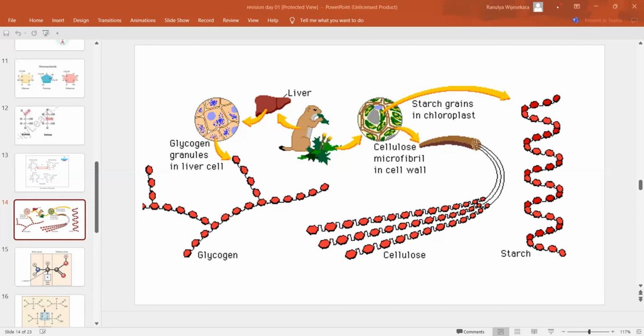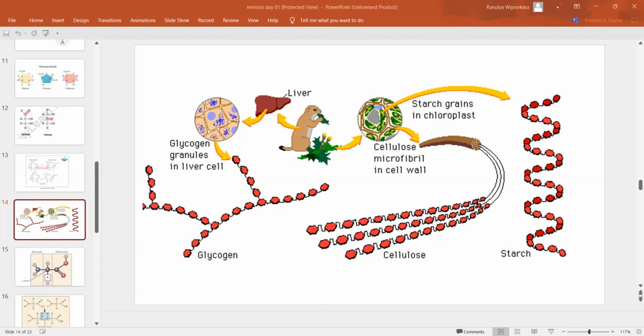Next point. Water soluble. Next point. Occur in crystalline form. Next point. The number of carbon atoms varies from 3 to 7.